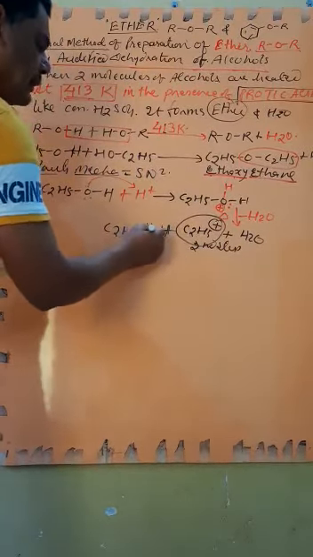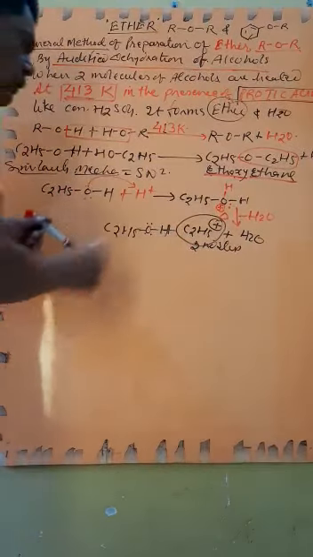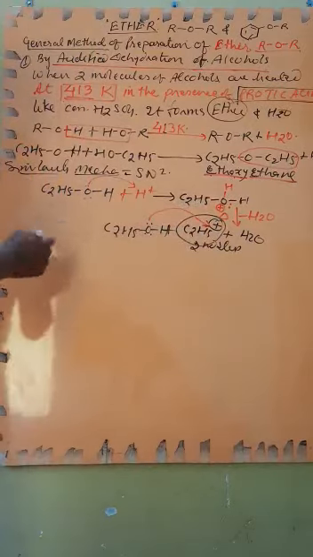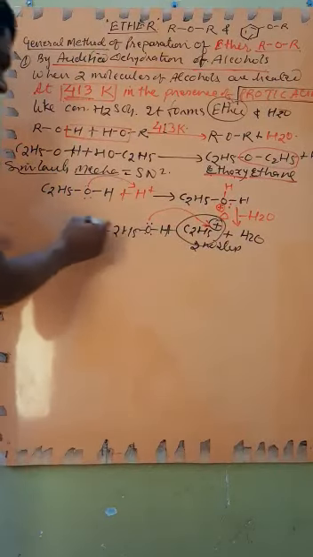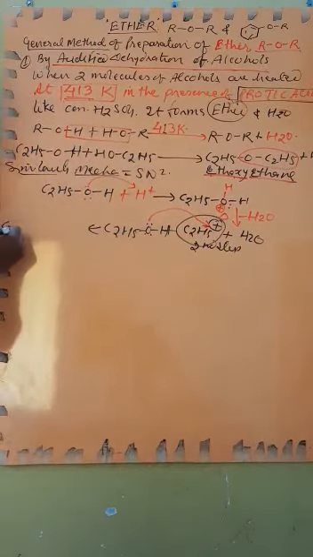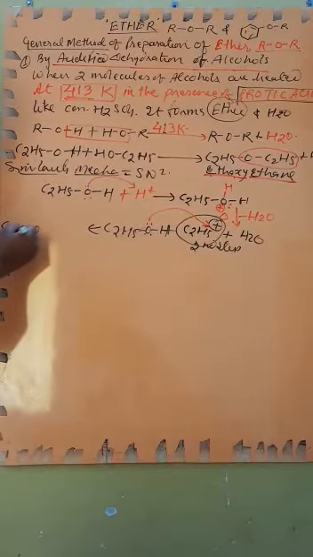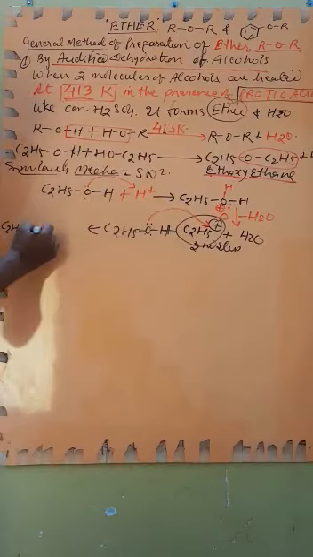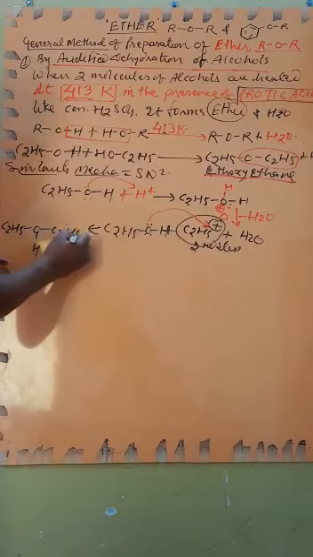C2H5OH, that is one of the alcohol molecule, will now attack on electrophile carbon, that is positive charge, forming C2H5O, H, and C2H5.